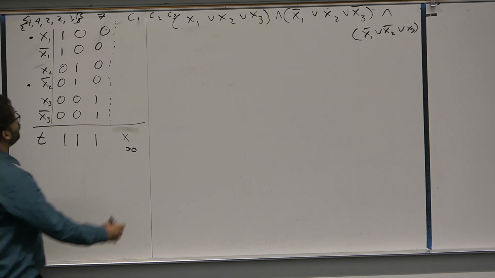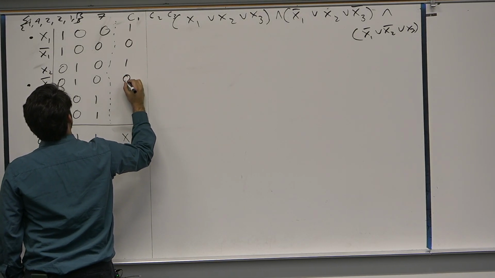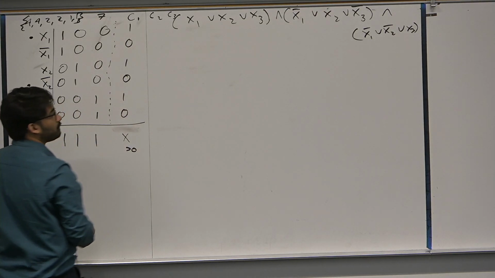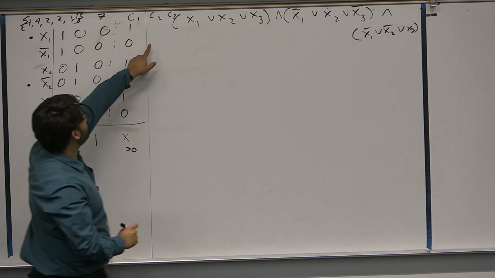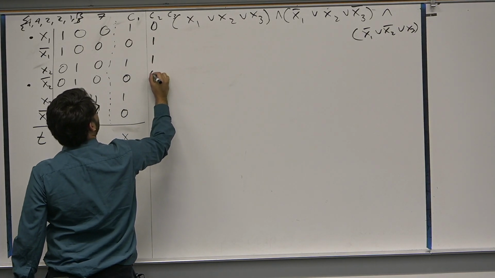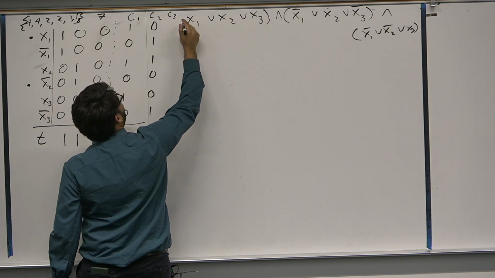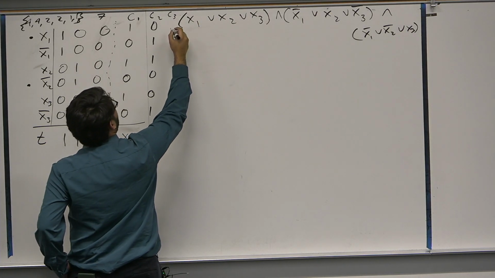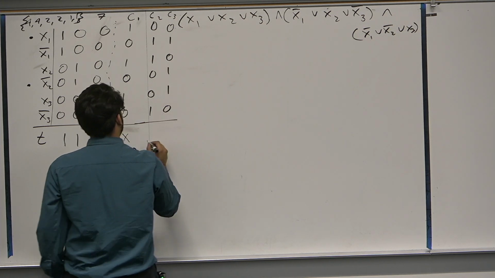So, for example, this one would be 1, 0, 1, 0, 1, 0, right? C2 would be, this one would be a 1. That would be a 0. 1, 0, 0, 1. And then finally, C3 would correspond to what? 0, 1, 0, 1, 1, 0, right?